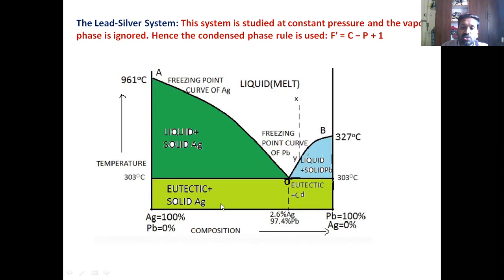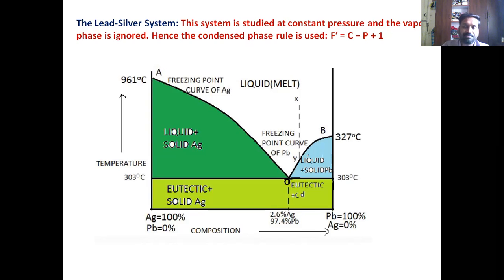In between these two origins, you have the axis, the line, which represents points, and every point corresponds to some composition. For example, I have taken a point here. What is the composition of the alloy? 2.6% silver, 97.4% lead. I hope you understand an alloy: an alloy is not a pure metal, you have one more metal mixed with it.